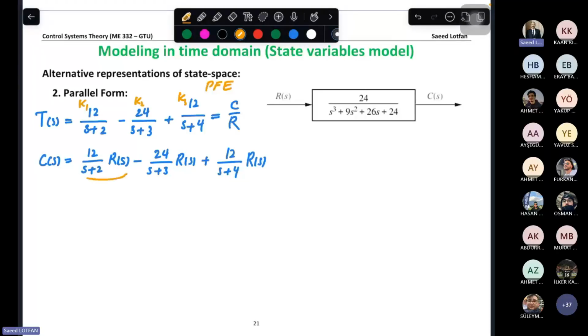Now if I say this is x1, this is x2, and this is x3, I can represent this system as C and R, and let's use different colors. X1 is like 12R minus 2 x1, 1 over s, this is x dot 1.